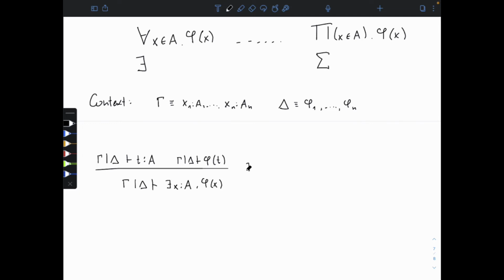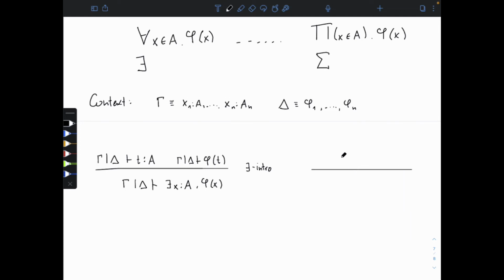So this is the rule. Let's read it again. You construct a particular individual T of type A. You show that it has property phi. You may now conclude that there exists something of type A satisfying the property phi. That's the introduction rule.